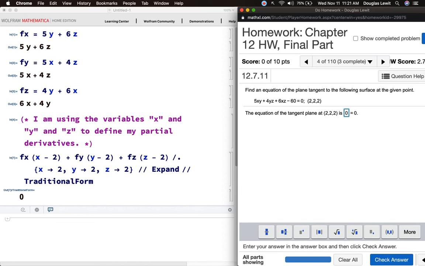That's kind of a smart-ass answer, but that does not describe the local behavior of the function near the point 2, 2, 2. And that's the whole point of finding the equation of the tangent plane. You're interested in the local behavior of the function near 2, 2, 2.